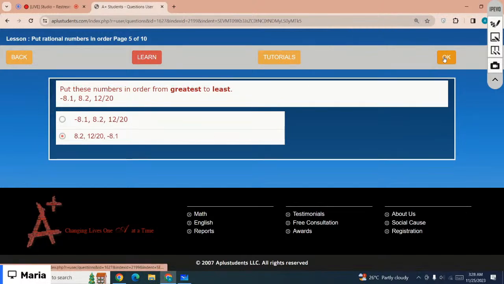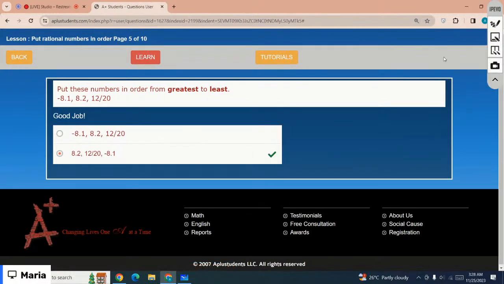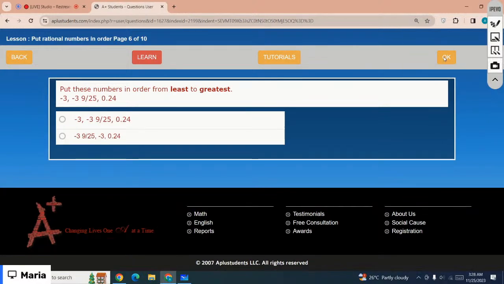You need to arrange them from greatest to least. So option 2 is the correct option. Okay, the next one is put these numbers in order from least to greatest. So which is the correct option?